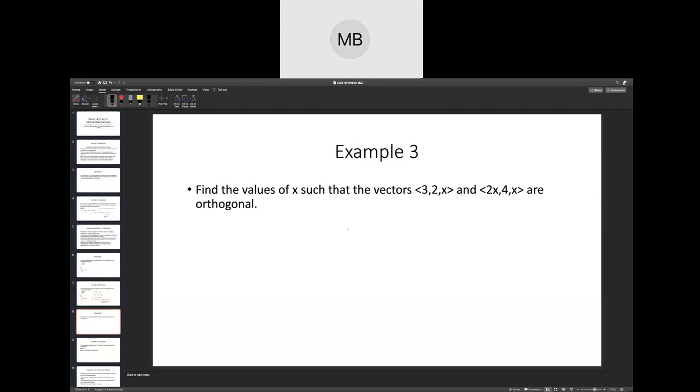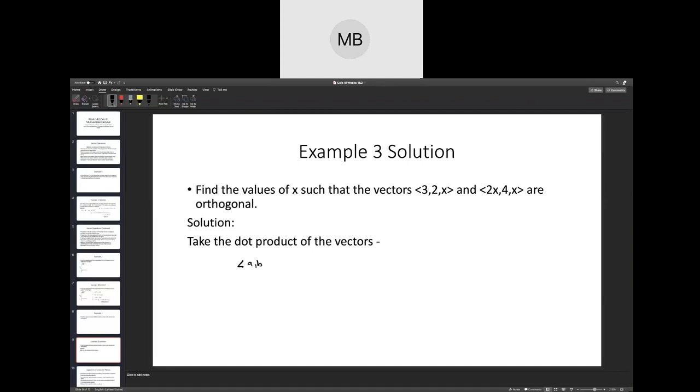Here's another example. Find values of x such that these vectors are orthogonal. Well, we want to take the dot product of the vectors because we know that when you have the dot product of, let's say, any 3-tuple d, e, f, if that's 0, then they are orthogonal.